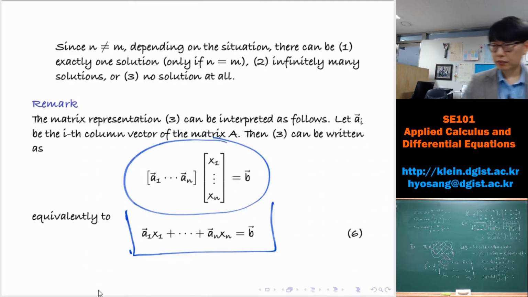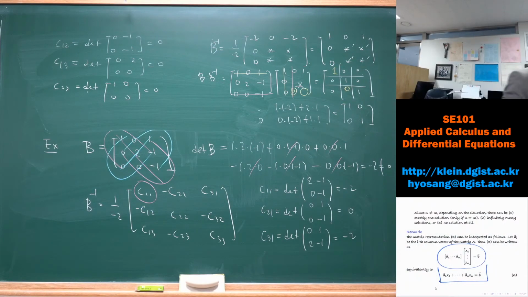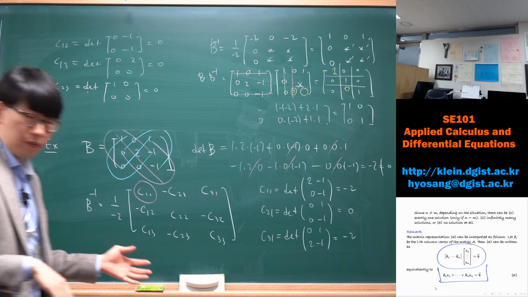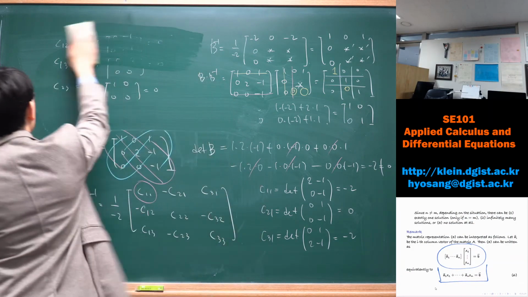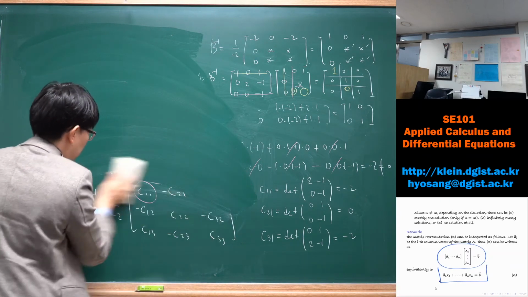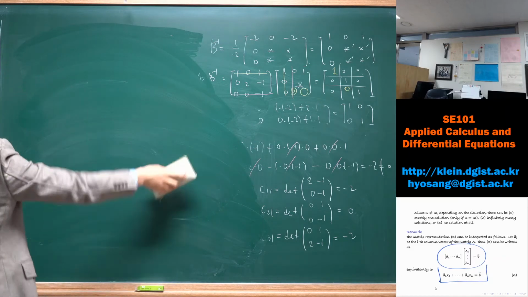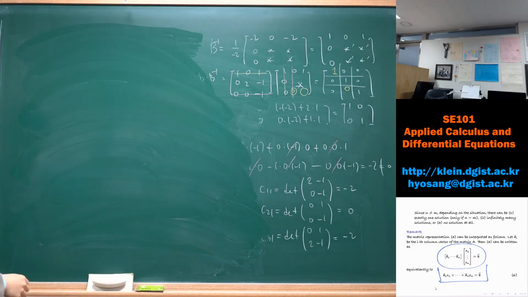Usually we're not going to talk about the matrix in the full form. When I take the matrix A in this way, you have to understand what that means.